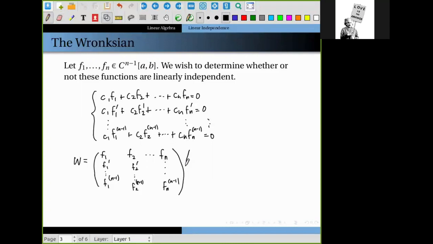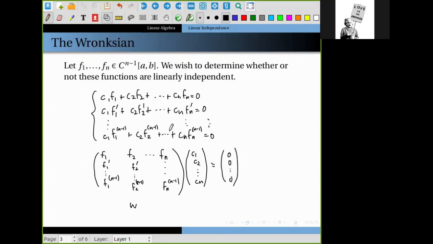As a matrix equation, W is the matrix itself, and then we multiply by the vector of the unknown constants, and this entire product should equal the zero vector on the right-hand side.